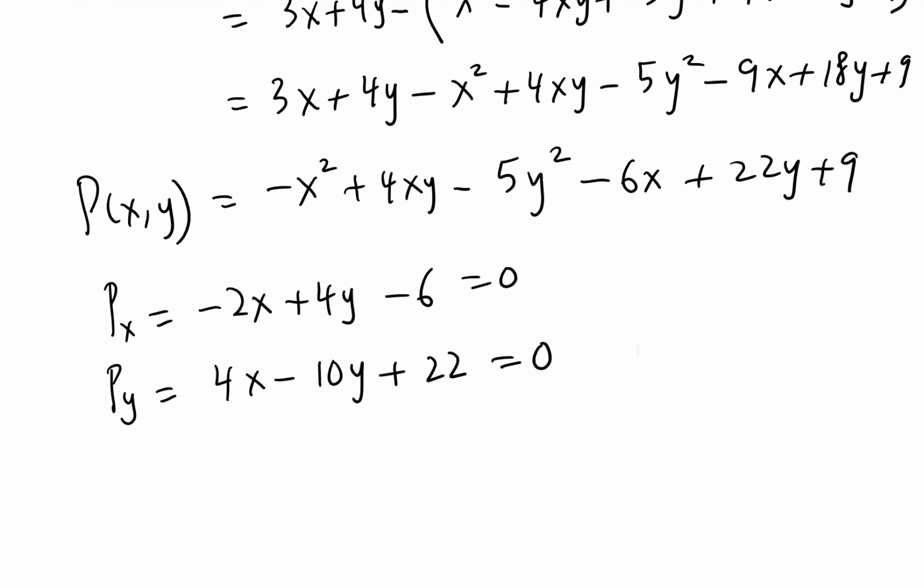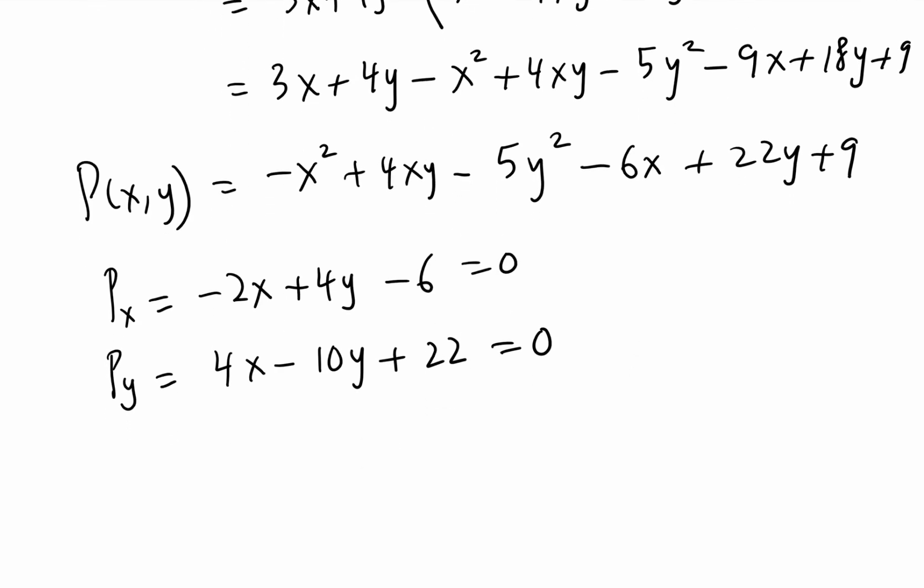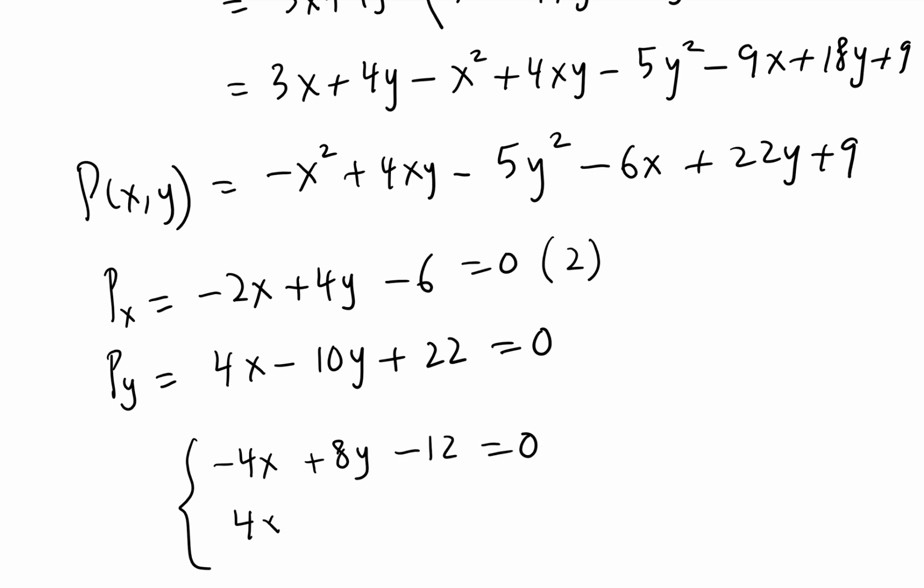So we got a system here. How do you solve it? Maybe I want to eliminate the x, so multiply the first equation by 2. That gives 8y minus 12 equals 0, and keep the second equation the same.